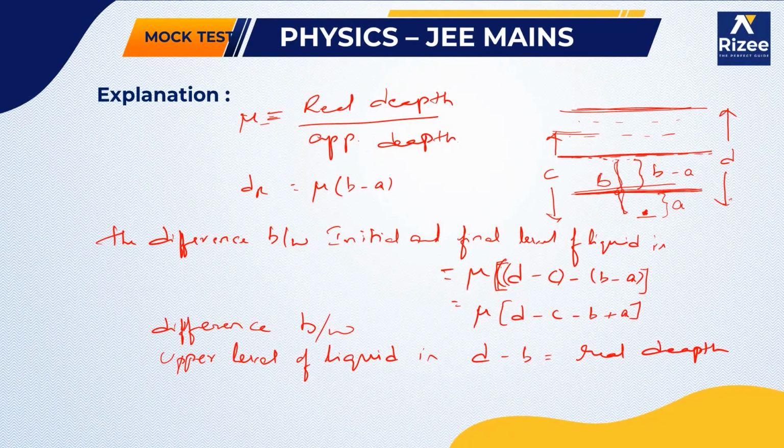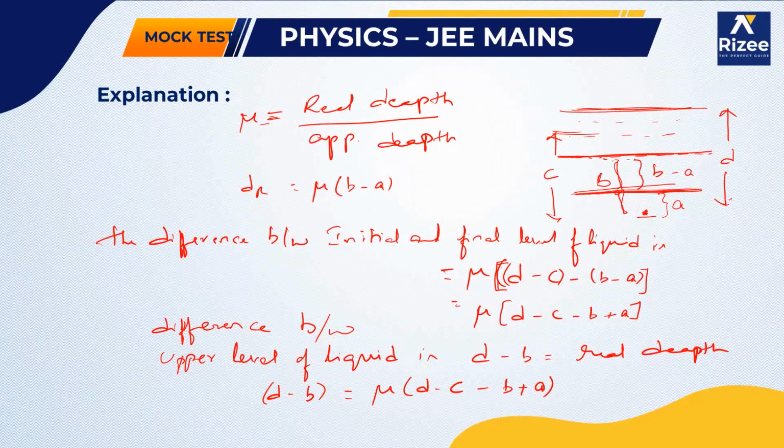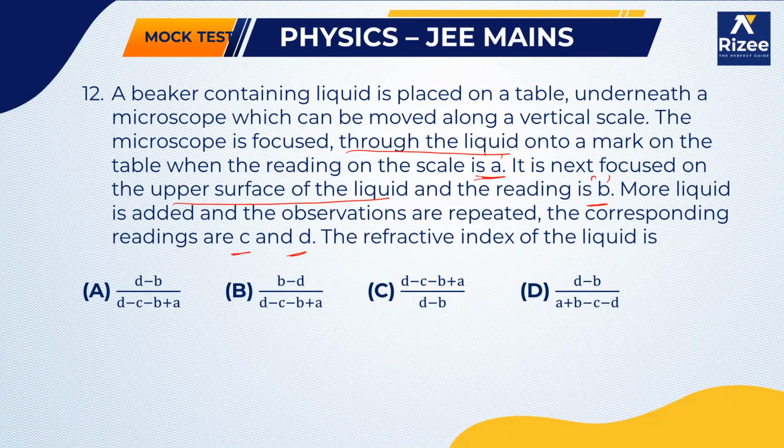So D minus B is equal to mu times D minus C minus B plus A. From this you can get the mu value. On solving this relationship, you get your option as the first option in this case.